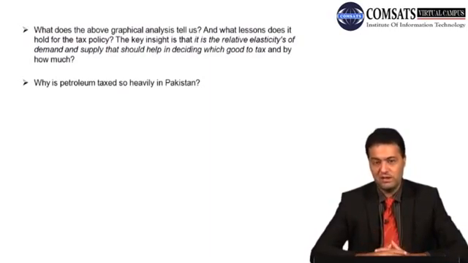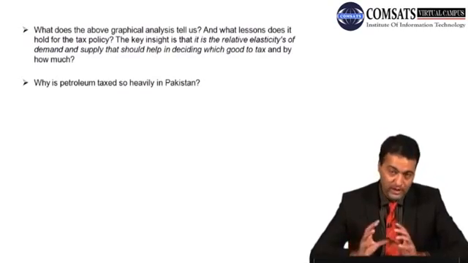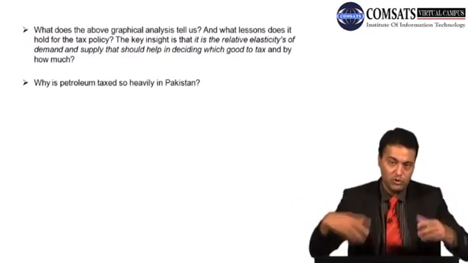So the demand curves here are relatively inelastic compared to KPK, because over there you have gas available as a good substitute for petrol. But if you look at it overall, I'm talking about the overall scenario.